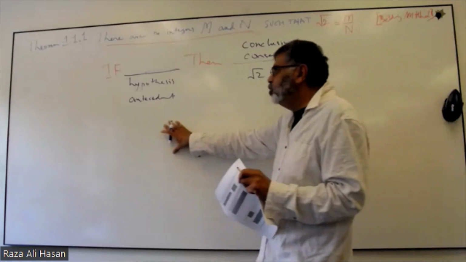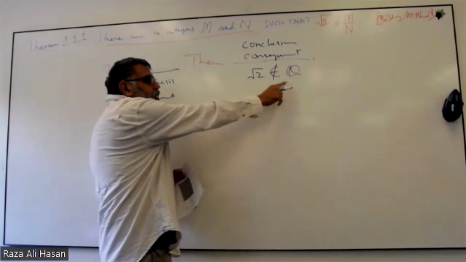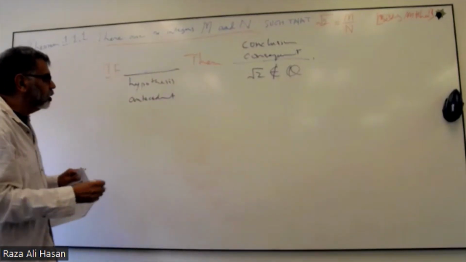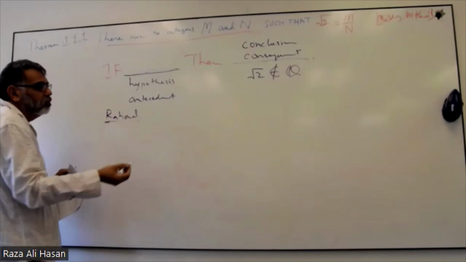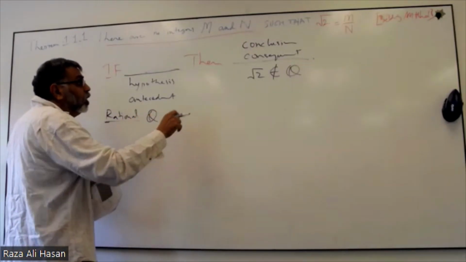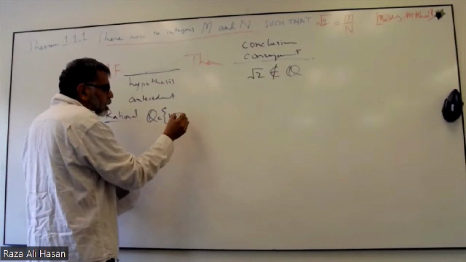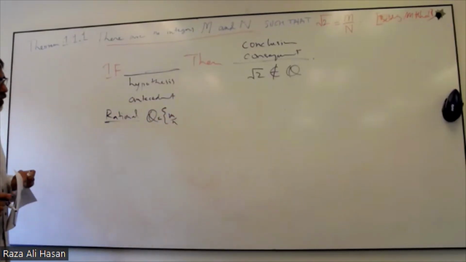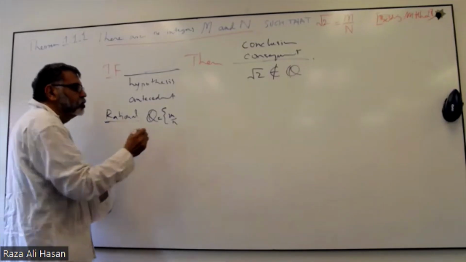So what do we know? We can use the definition of what? Rational, right? So something about rational we can use, maybe the definition of Q. I threw that in last time: a rational number is a number that looks like a fraction m over n.